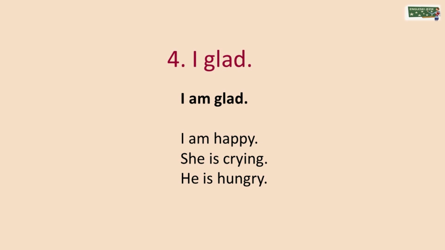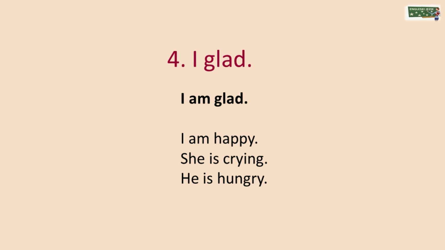Number 4. I glad. This reminds me of the Tarzan movie, where he says, I, Tarzan. Anyways, the correct way to say this is, I am glad. The auxiliary verb am is missing in I glad, which makes it incorrect.